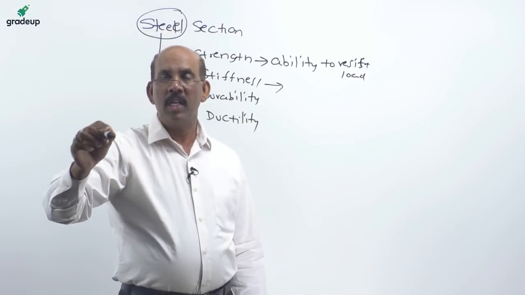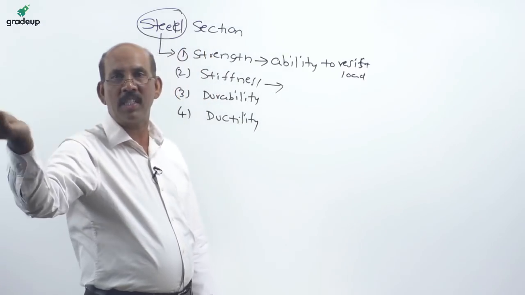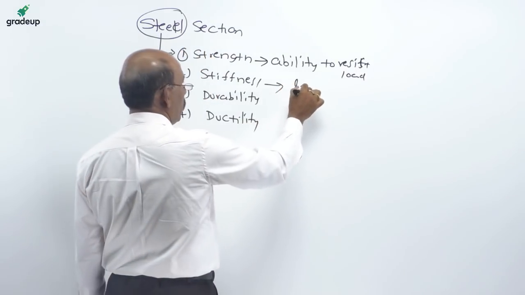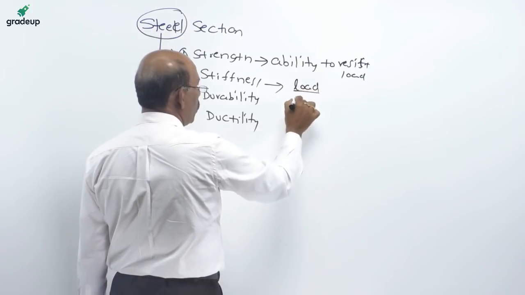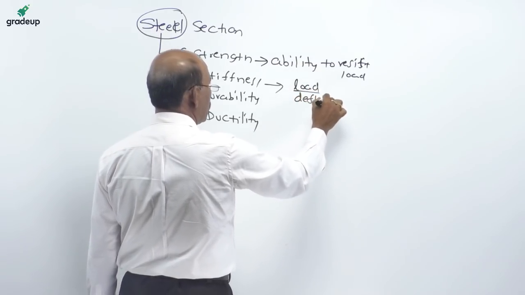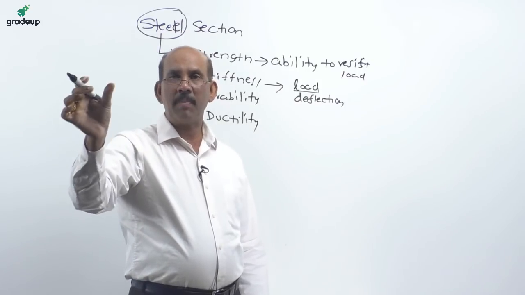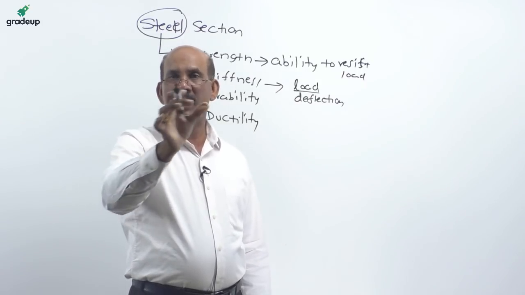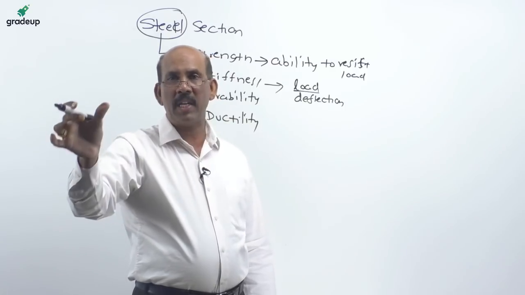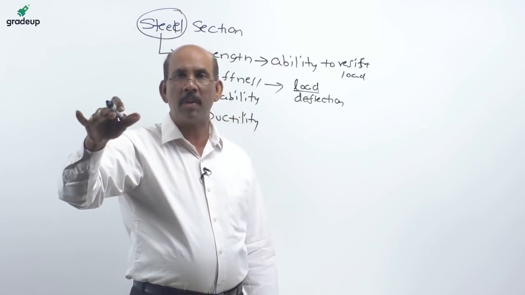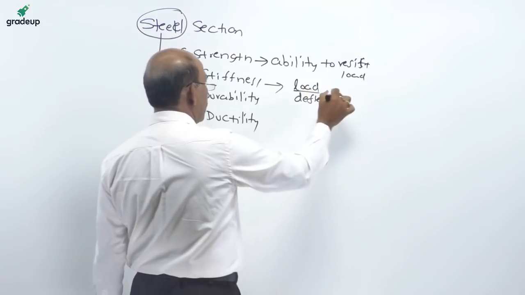Serviceability refers to stiffness, that is the load causing unit deflection. So the deflection must be within the limits. That means from an aesthetic, appearance point of view, the structure should not bend. That is called the stiffness.